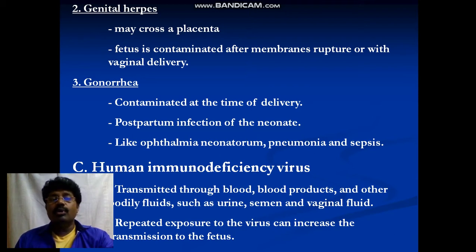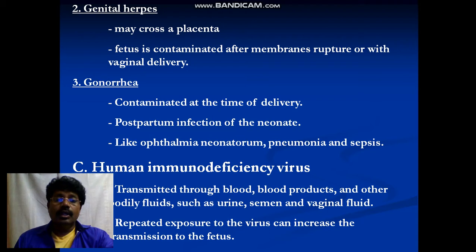Next is human immunodeficiency virus. This is transmitted through blood products and other bodily fluids such as urine, semen and vaginal fluid. Repeated exposure to the virus can increase the transmission to the fetus.